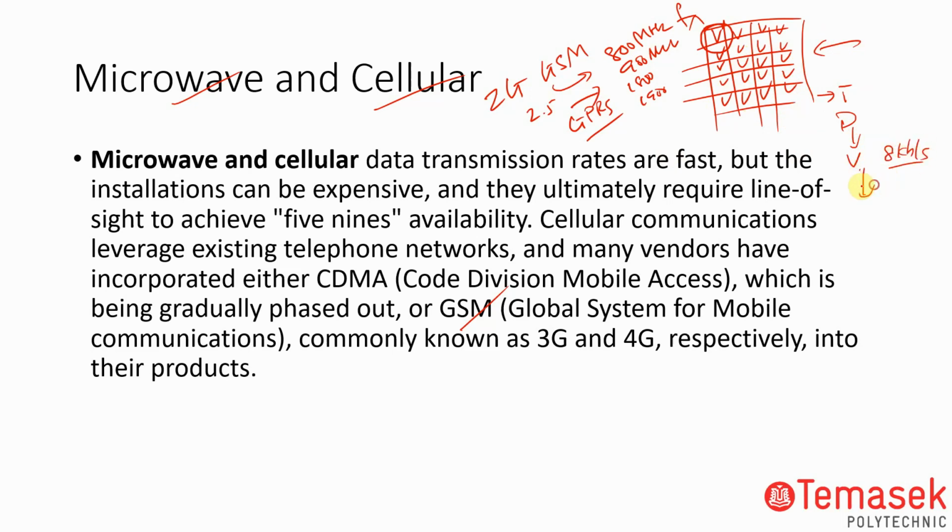If you bind two of them together, you get about 16 kilobits per second, because the voice part is 8. You get about 14.4 kilobits per second raw traffic for GSM. This is the raw speed for that.